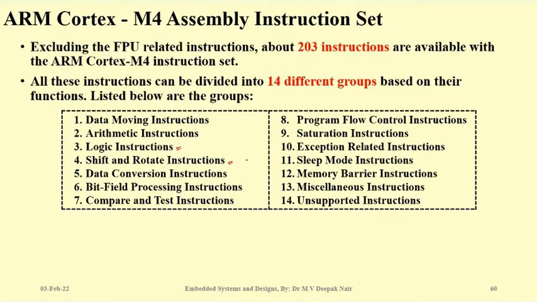Then we have shifting and rotation instructions, in which a byte or a single bit of a register can be moved in the left or right direction, shifted by one position, by five positions, and so on. Anyway, in future we will cover almost all these instructions when we write our own programs in C. You don't have to memorize these 14 groups.